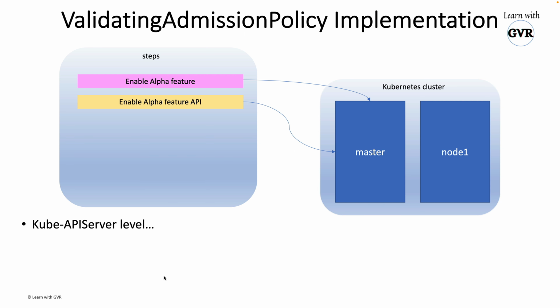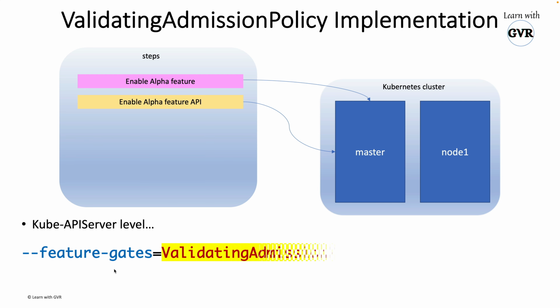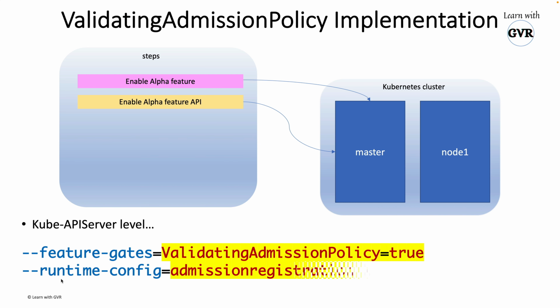These two can be done using the --feature-gates=ValidatingAdmissionPolicy=true flag, as well as --runtime-config with admissionregistration.k8s.io. These are specific to alpha. Once it moves to beta or general availability, you need not enable these two. So for now we are in alpha, so how do we do it?